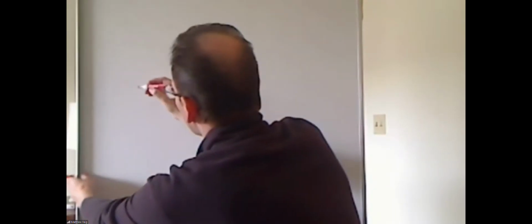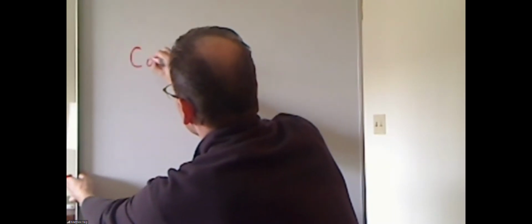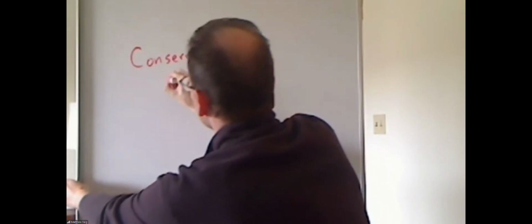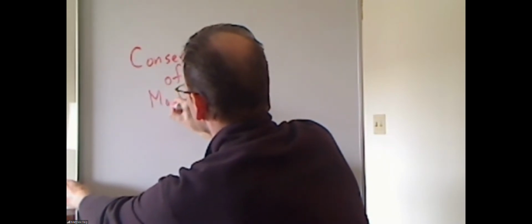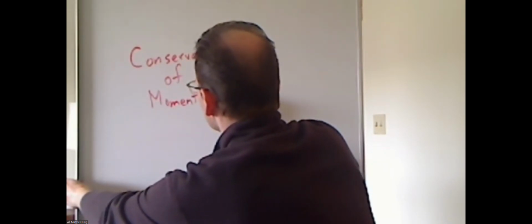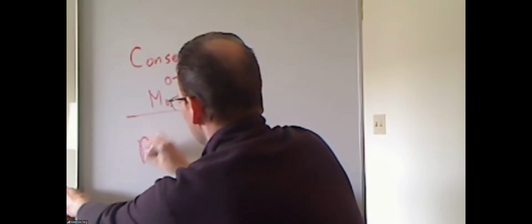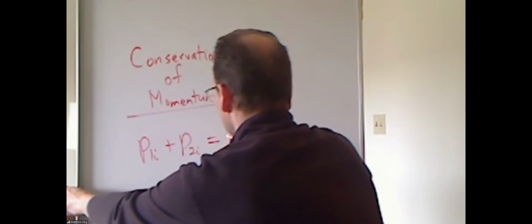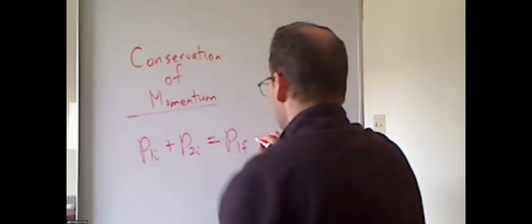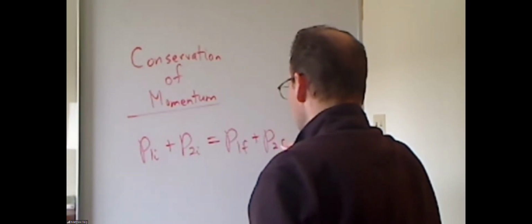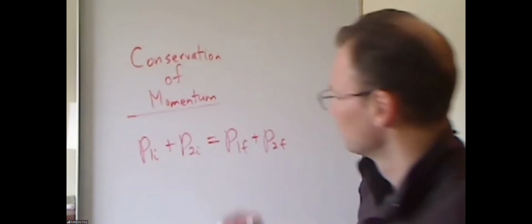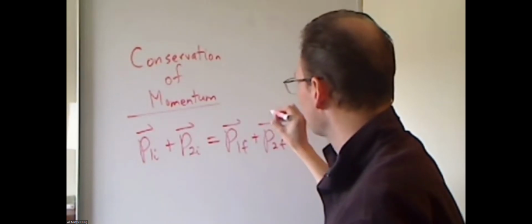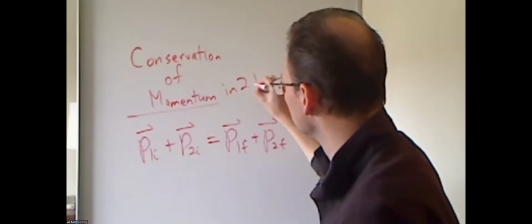So our core idea here is we're going to check for conservation of momentum. And that would be P1 initial plus P2 initial equals P1 final plus P2 final. But these are definitely today going to be the vectors, conservation of momentum in 2D.